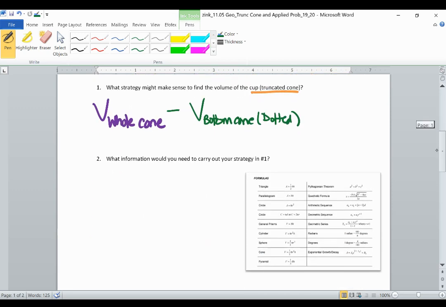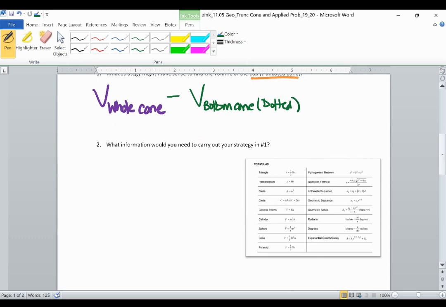What information would we need to carry this out? Well, we would need to know our formula for a cone. I just posted the bottom part of your Regents reference sheet right here, and you can see that you are given the volume of a cone, pi r squared h over 3.